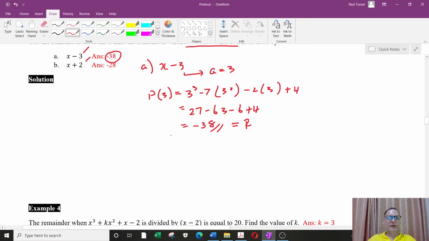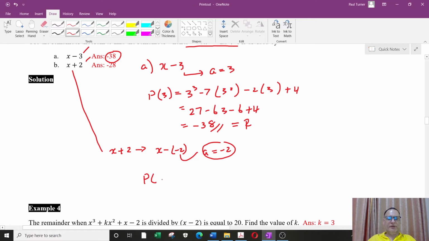And for the second one, we've got x plus 2. If you rewrite that as x minus negative 2, x minus a, we can see now that a is negative 2. So take that number and put it into your polynomial.